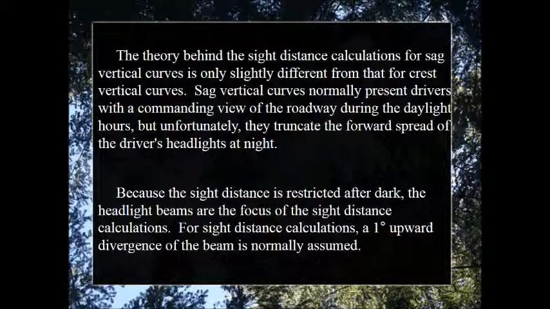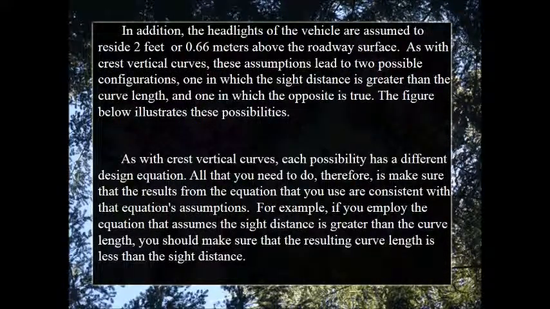Because the sight distance is restricted after dark, the headlight beams are the focus of the sight distance calculations. For sight distance calculations, a 1-degree upward divergence of the beam is normally assumed. In addition, the headlights of the vehicle are assumed to reside 2 feet or 0.66 meters above the roadway surface.